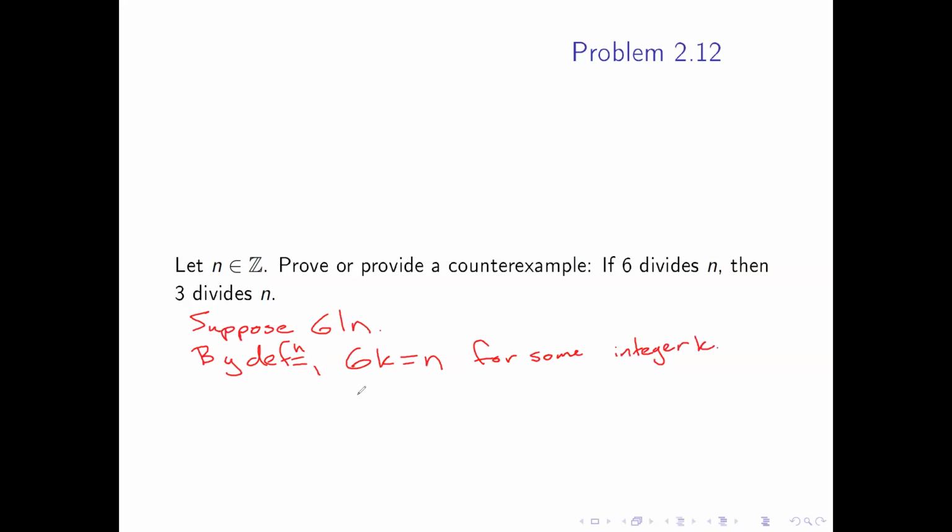However, we know that 6 is equal to 3 times 2. So that means 3 times 2k is equal to n. This statement right here, by definition, says 3 divides n. And there we have it.